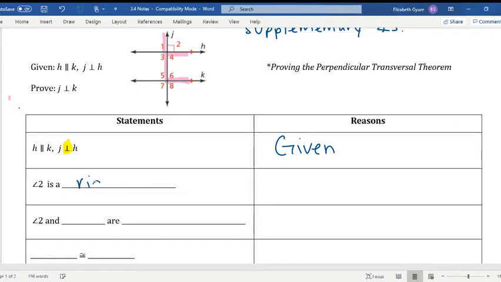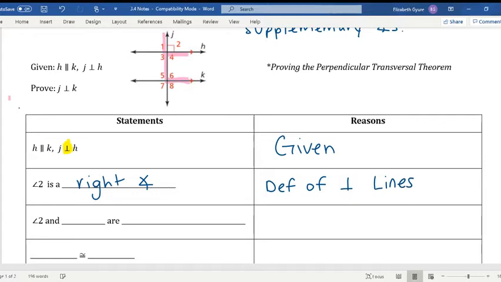Angle 2 is a right angle. What's an appropriate reason for that? What vocab word did I just use? Perpendicular, right? If I give you a vocab word, use it. So that is the definition of perpendicular lines. Okay.